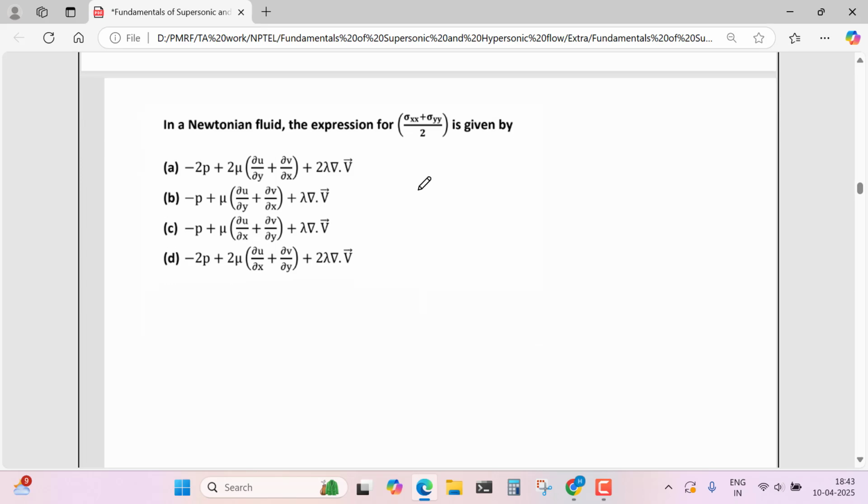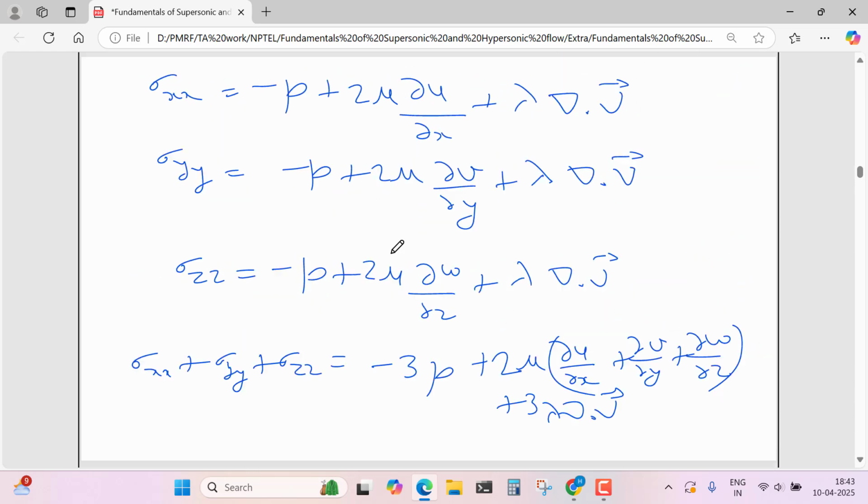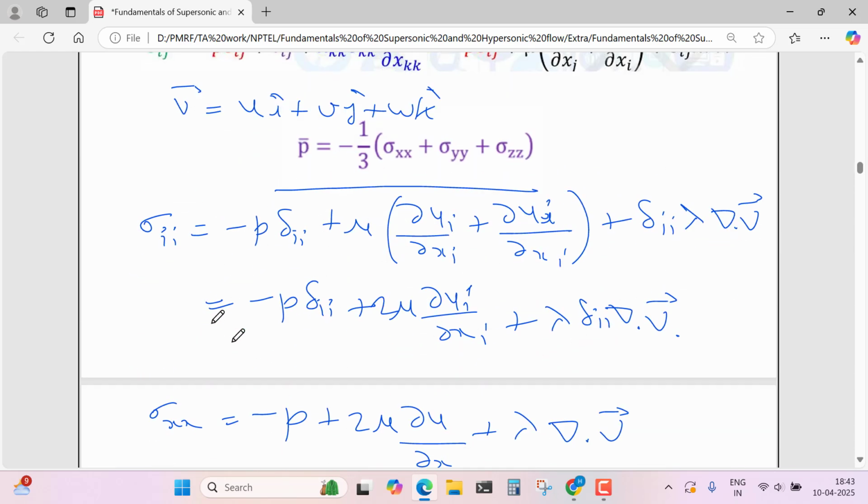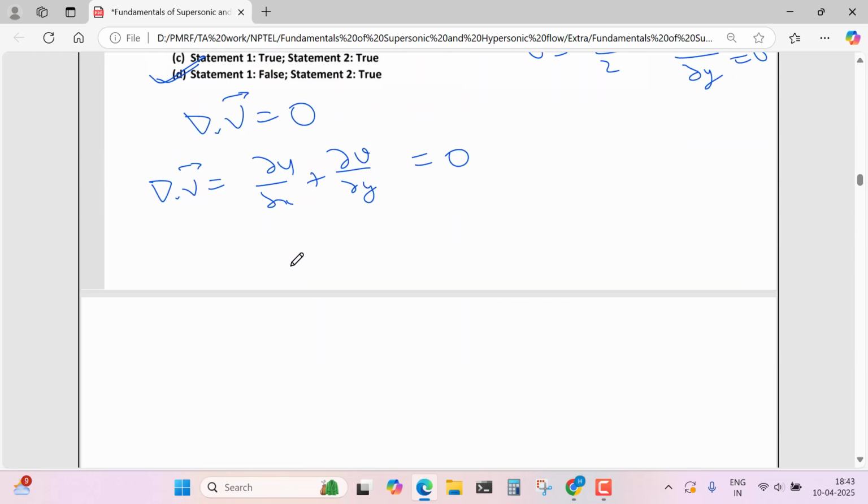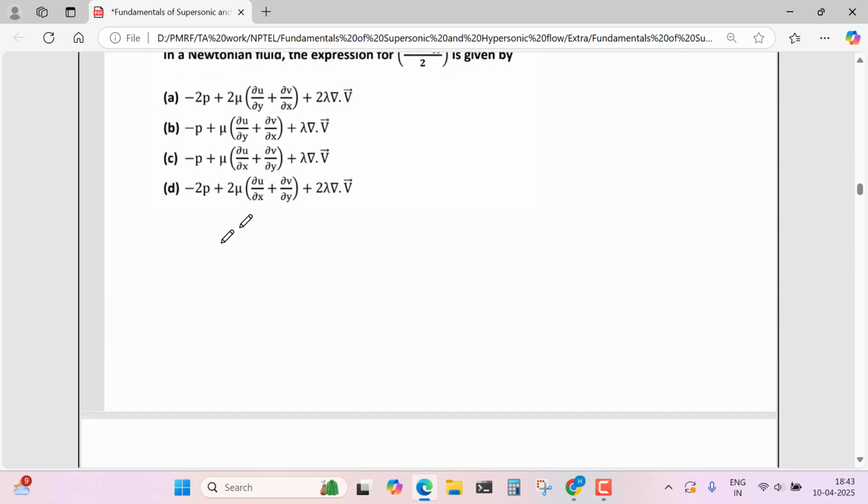We'll see the next problem now. In a Newtonian fluid, the expression for sigma xx plus sigma yy upon 2 is given by. Option A: minus 2p plus 2 mu (dou u by dou y plus dou v by dou x) plus 2 lambda del dot v. Option B: minus p plus mu (dou u by dou y plus dou v by dou x) plus lambda del dot v.